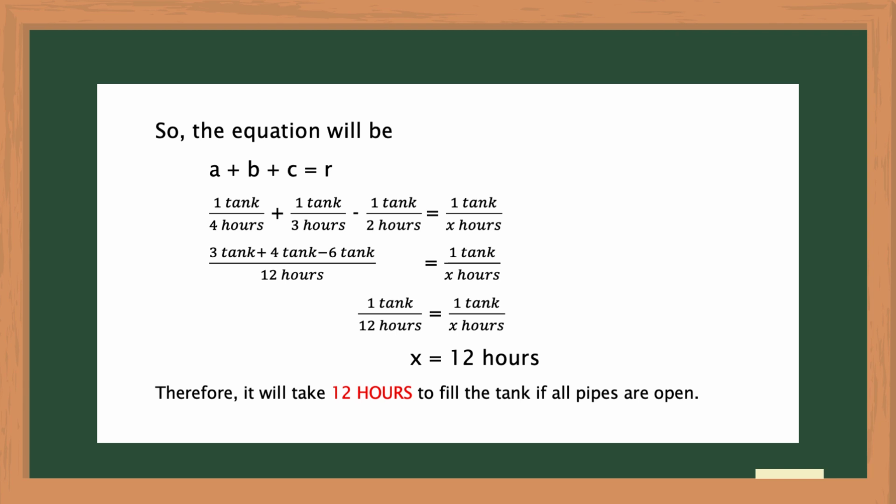And then it will become 1 tank over 12 hours is equal to 1 tank over X hours. Rearranging, we can find X, which is equal to 12 hours. Therefore, it will take 12 hours to fill the tank if all pipes are open.